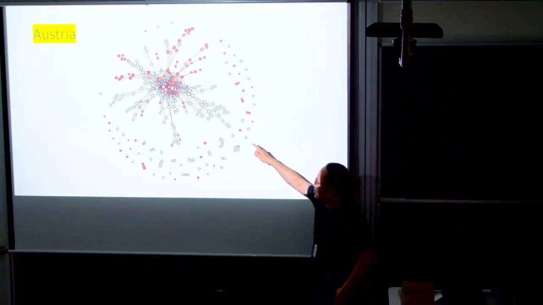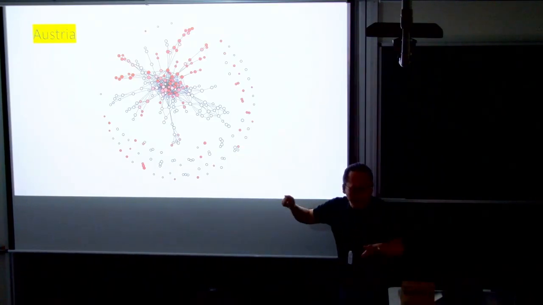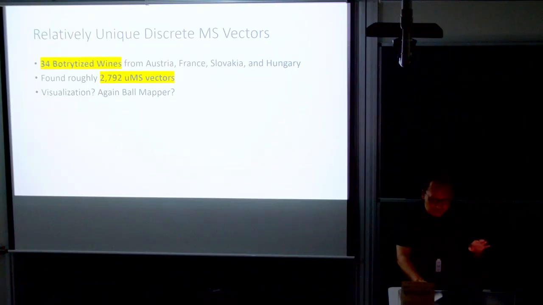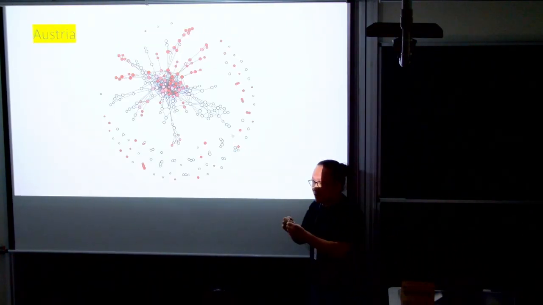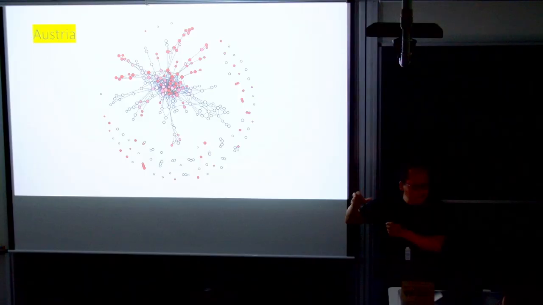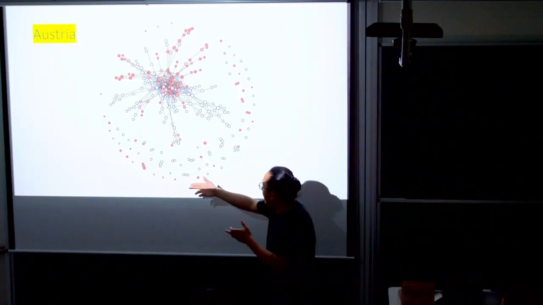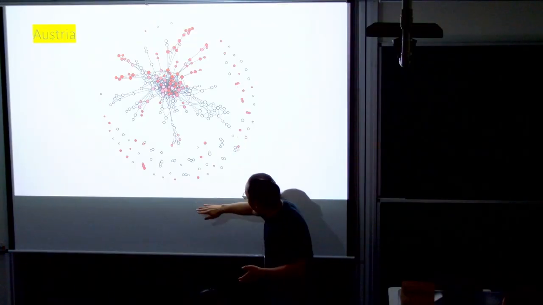So each node here contains a different amount of mass spectra from the 2,792, but not all of them, only some of them, and we can actually trace down where they come from. So this mass spectra is coming from the Gaussian line. Actually, we count them and measure the ratio from white to red.